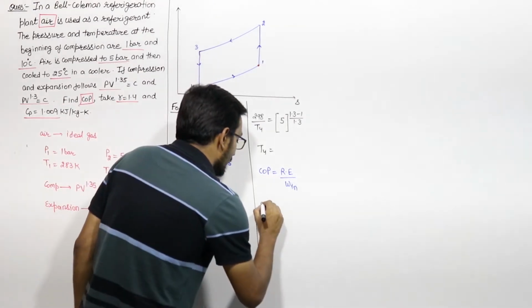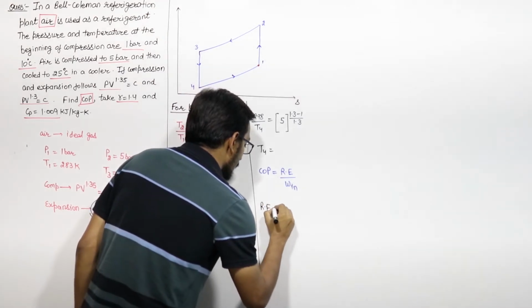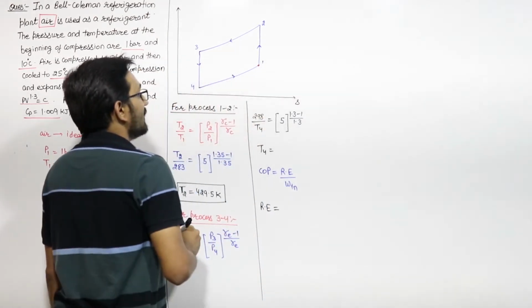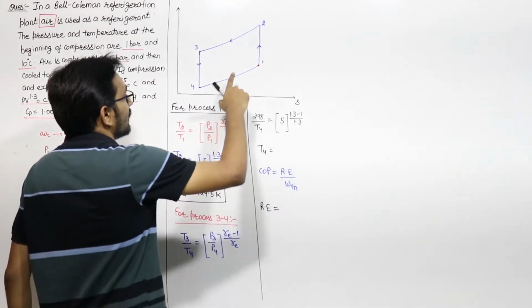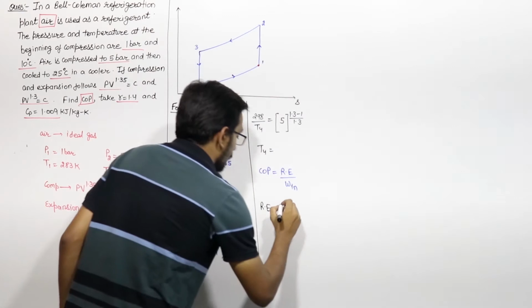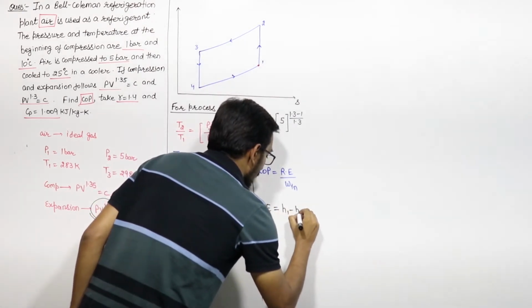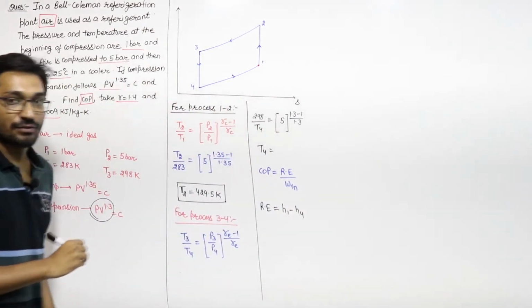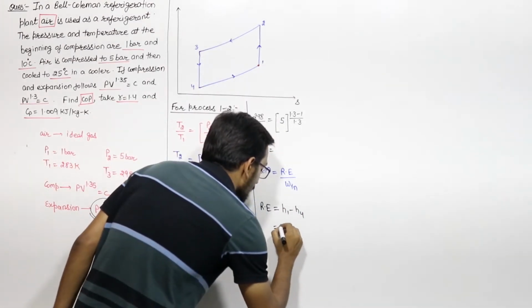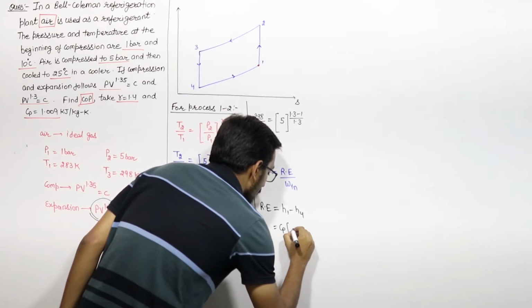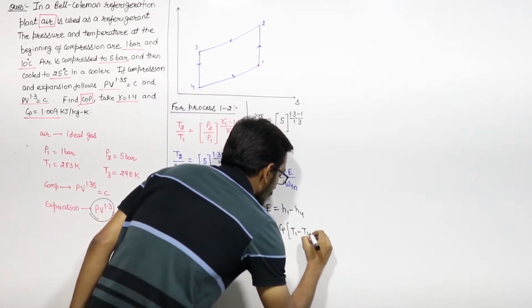The refrigeration effect will be equal to H1 minus H4, and this will be equal to Cp into (T1 minus T4).